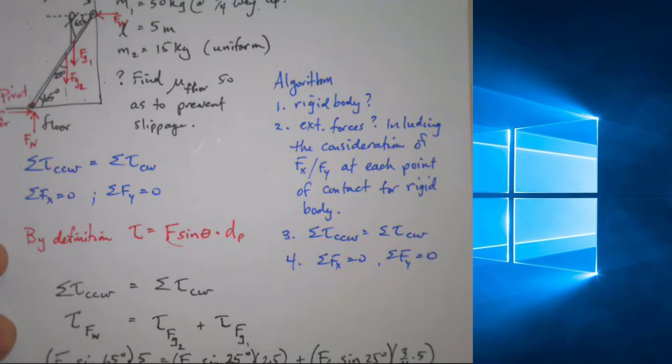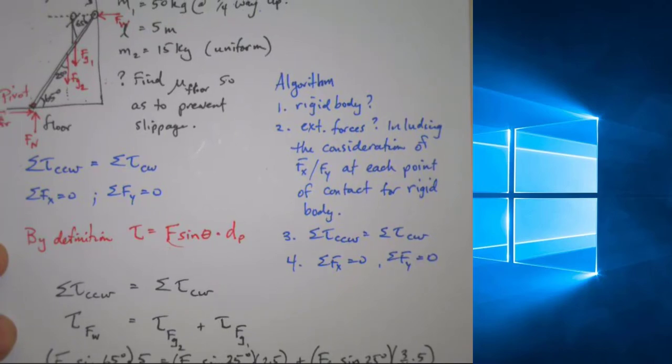Fg1, 50 times 9.8 times the sine of 25 degrees times 3/4 of 5, 15 over 4. And I will divide that all by, since I'm multiplying both sides by 1 over 5 sine 65, divide by 5 sine 65.